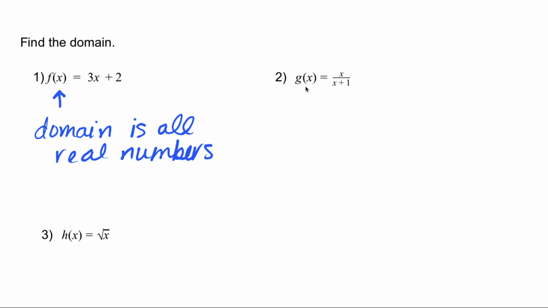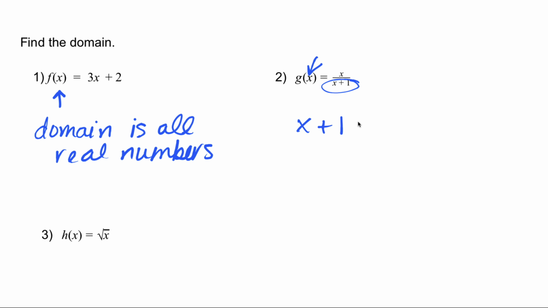Here, g of x being x over x plus 1, what kind of numbers can I plug in for x? Certainly, most numbers are all going to work. But like we saw before, if we have a problem where there's a denominator, and we have x in the denominator, that can never be 0.